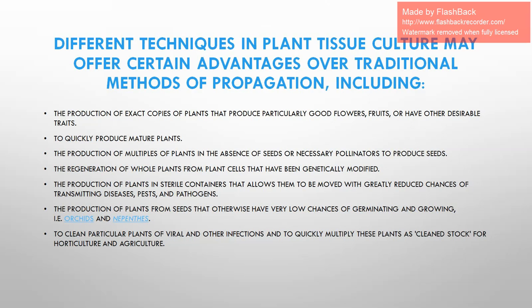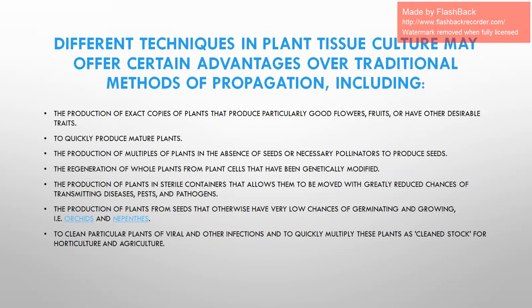And to quickly produce mature plants, means by using plant tissue culture, we can shorten the life cycle of plants. Then the production of multiples of plants in the absence of seeds and necessary pollinators to produce the seeds, means the plant varieties which are sexually incompatible can also be grown or reproduced by using this tissue culture technique.